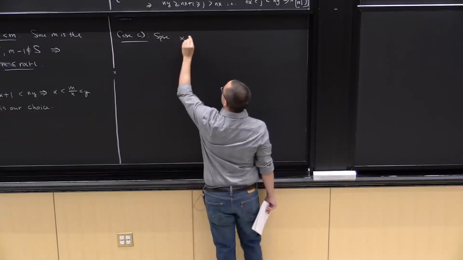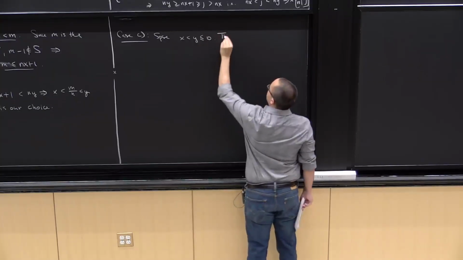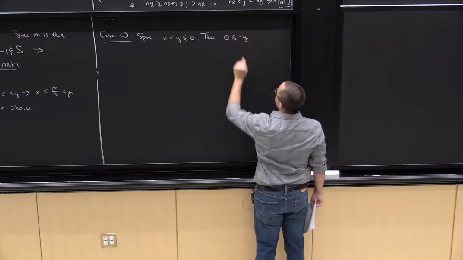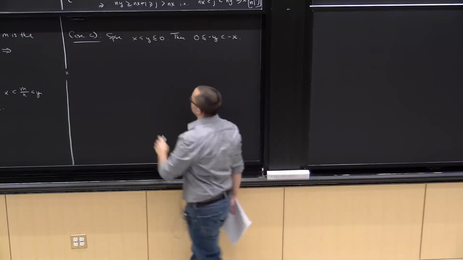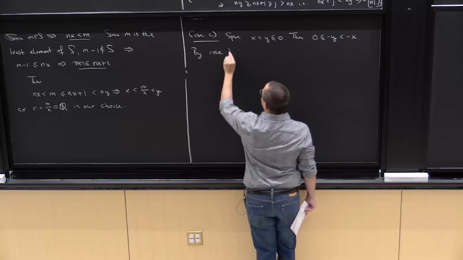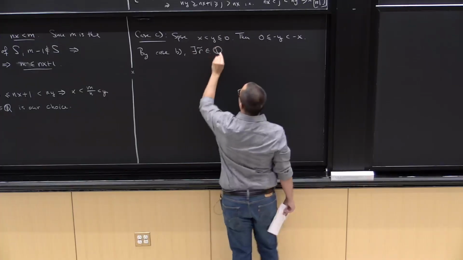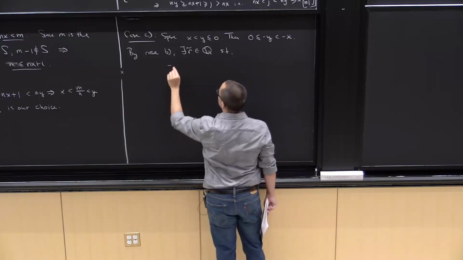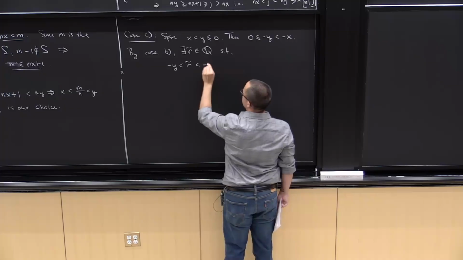Suppose x is less than y, which is less than or equal to 0. Then 0 is bigger than or equal to minus y, which is bigger than minus x. So by case B, there exists a rational number, r tilde, such that minus y is less than r tilde is less than minus x.